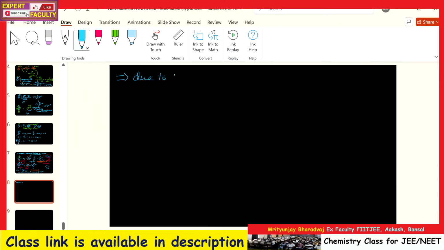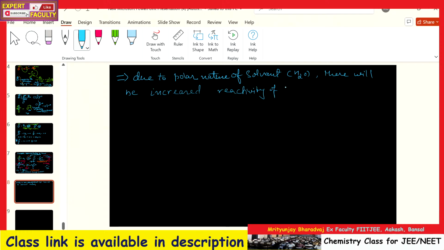Due to polar nature of solvent, there will be increased reactivity of phenol for electrophilic aromatic substitution reaction.